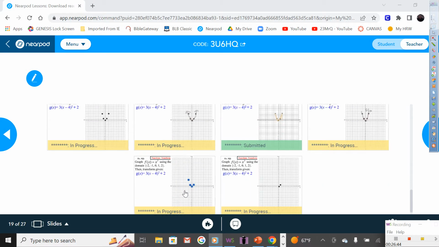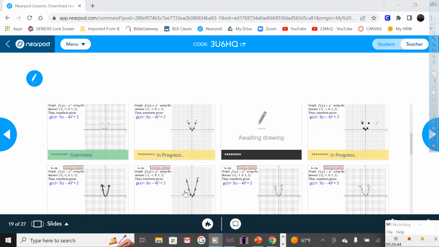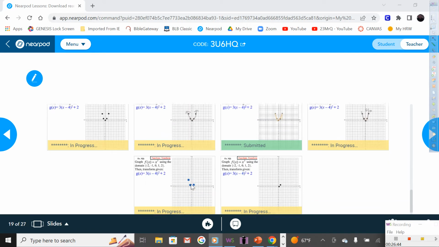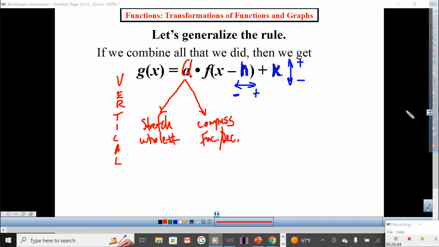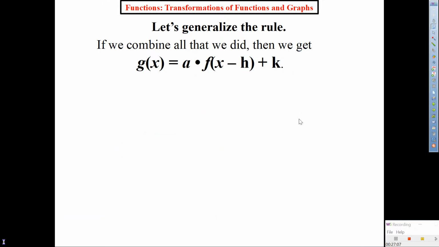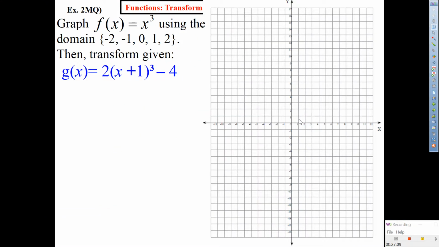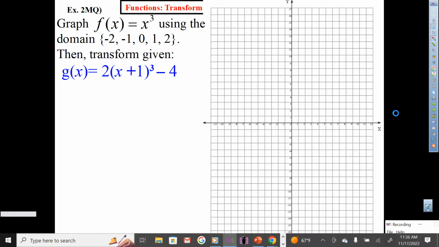And once again, it says from -2 to 2. Some of you are going all the way to -3. Remember, -2 to 2 on the parent function. All right. Let me forward my screen really quick. All right, here we go. Help me out with the points for the parent function, please.